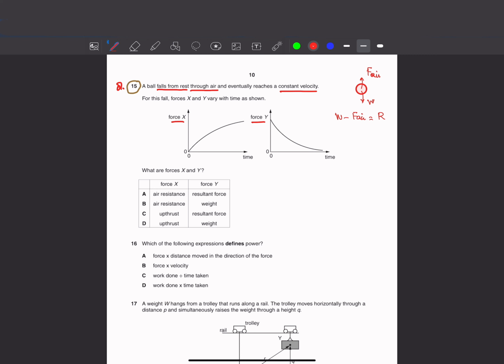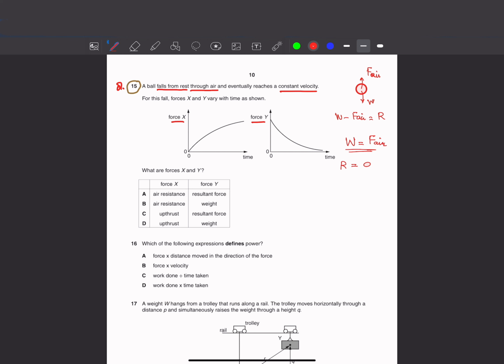So ultimately we can say that the resultant force is decreasing with the passage of time, and at some point your weight will be equal to the air friction, and at this moment the resultant force will be 0 or approach 0. So the simple thing is that air resistance is increasing but at a decreasing rate. Why? Because with the passage of time, the velocity of the body slowly and gradually approaches a constant velocity.